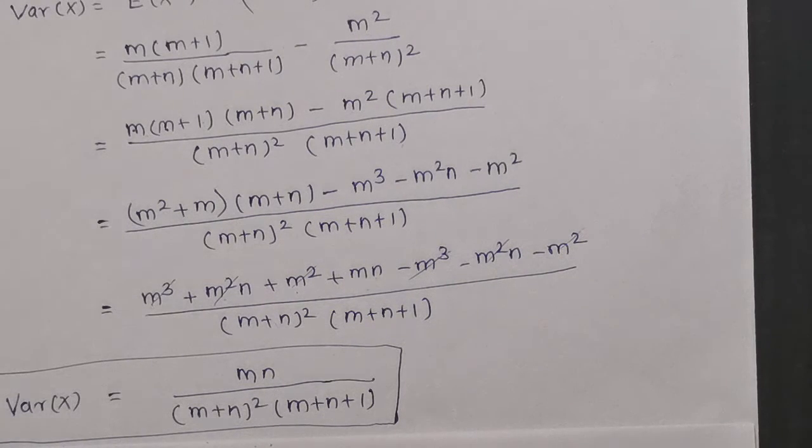In the next lecture we will see how to find the r-th moment of the beta distribution of the first kind, their expression, and some relationships between them.